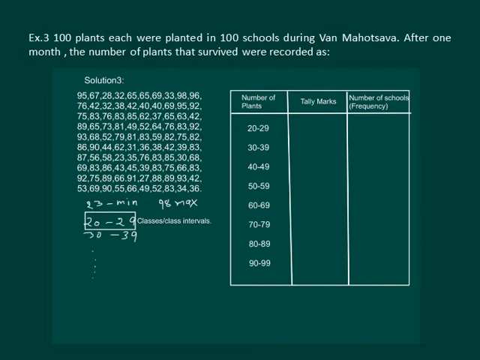In each of these classes, the lower number or the least number is called the lower class limit and the greater number is called the upper class limit.